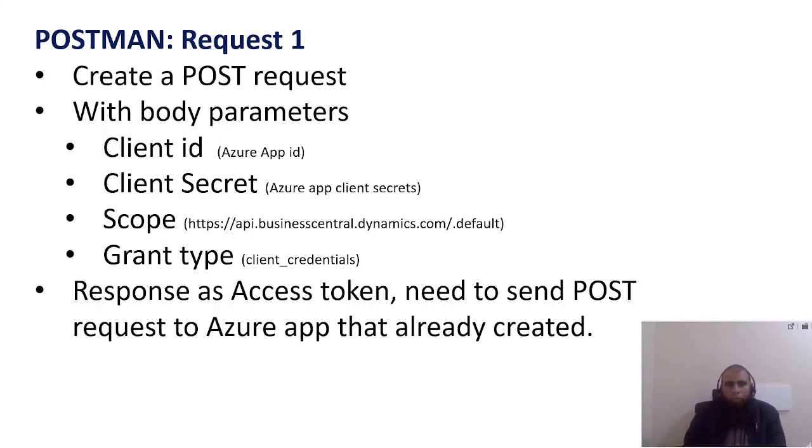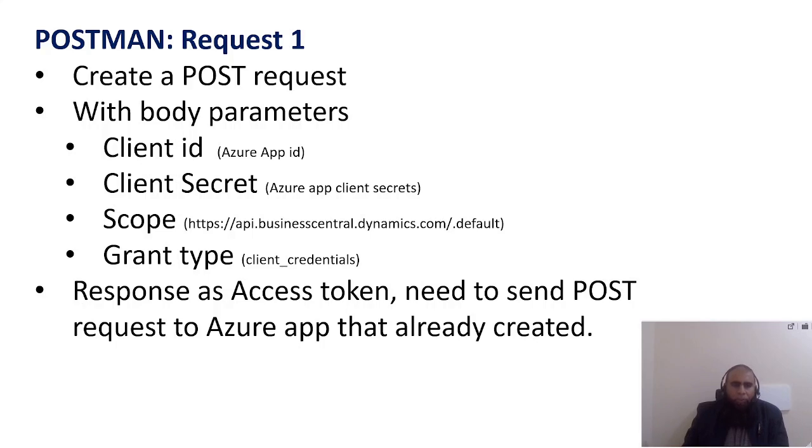Today, we will create two requests. First is the POST request, providing the following body parameters. You can see client ID, client secret, scope, grant type, etc. I already discussed that in the last video, so I'm not going into detail, but if you have any question, you can write in the comments.